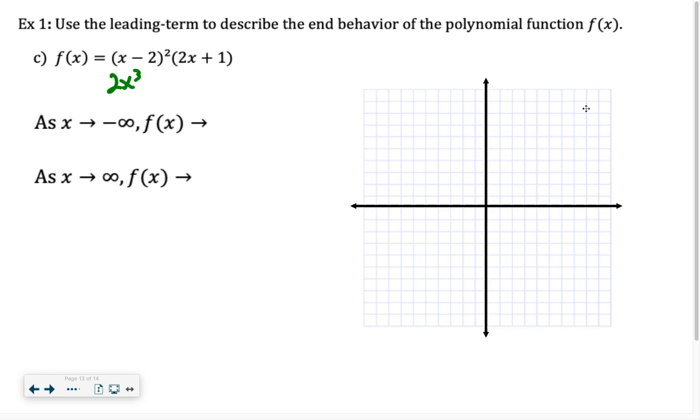So positive odd degree is going to look like this on the ends. Again, don't know what's happening in here, but I know it's going to look like this on the ends. So as x goes to negative infinity, f of x goes to negative infinity, and as x goes to positive infinity, f of x goes to positive infinity. One last one, right? Why don't you guys try this one real quick?